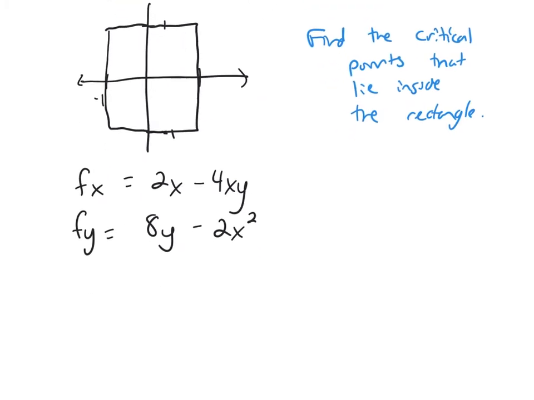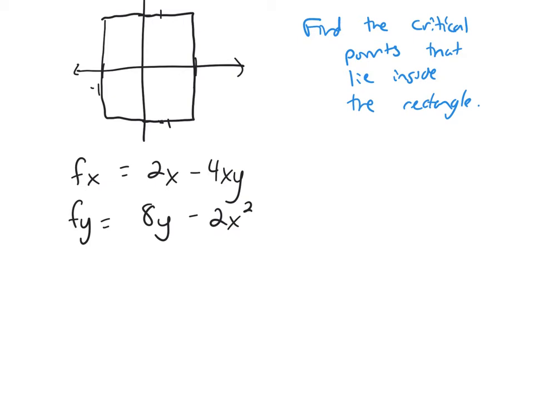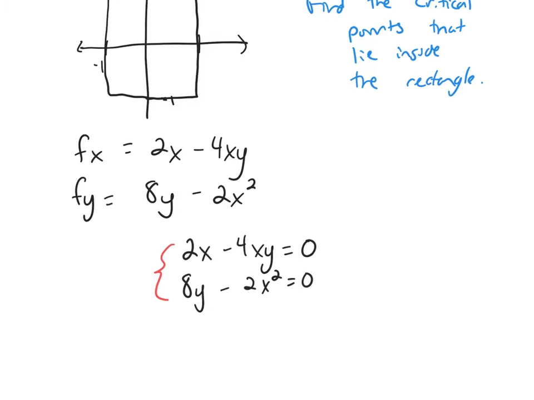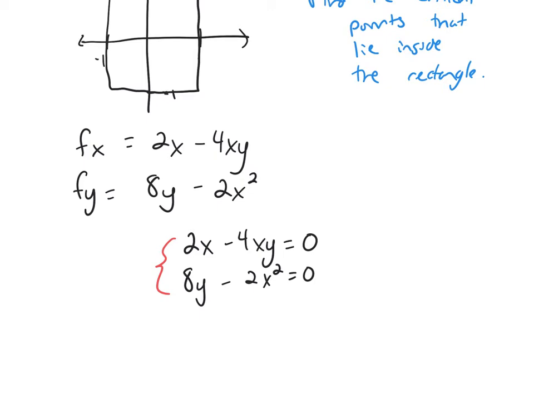These are polynomials, so they're always defined. Now, I'm going to look at the system of equations where I set these equal to 0. So there's my system of equations. And what I can do is solve for y in the second equation here.